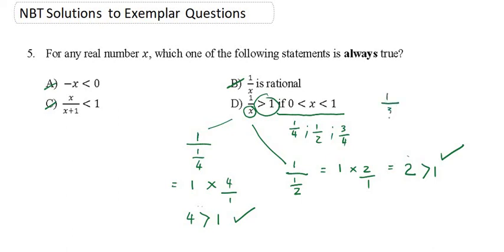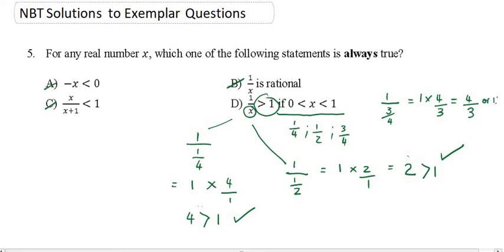Okay, I'm going to try this out for 3/4 now. 1 over 3/4 is equal to 1 times 4 over 3, which is 4 over 3. If you convert that into a mixed number, it's 1 and a third. Is 1 and a third greater than 1? Yes, because it's 1 plus a third.